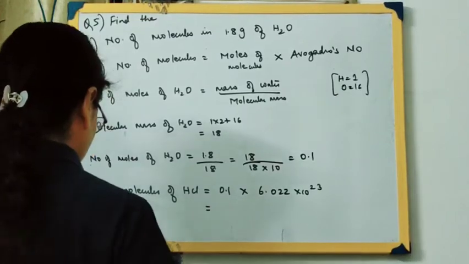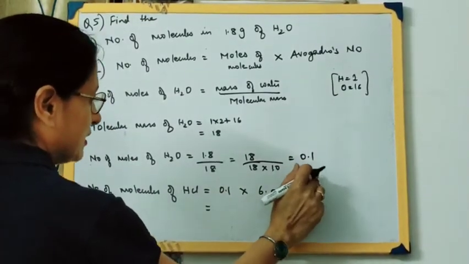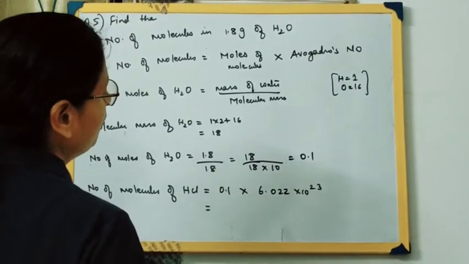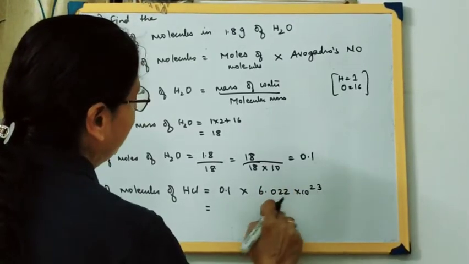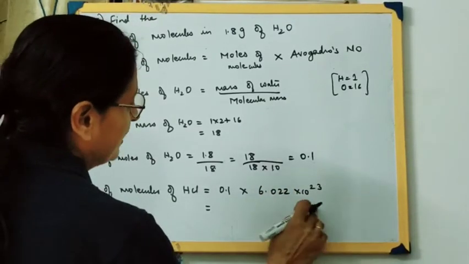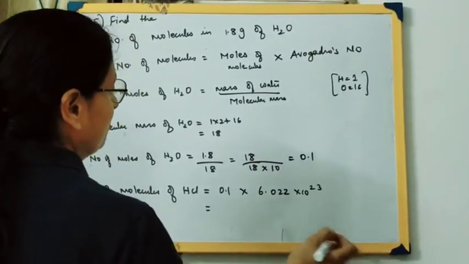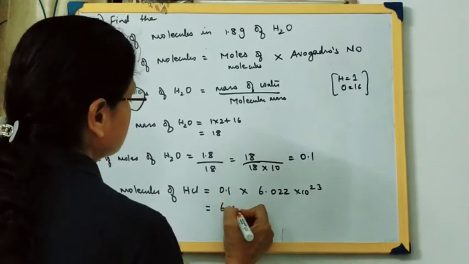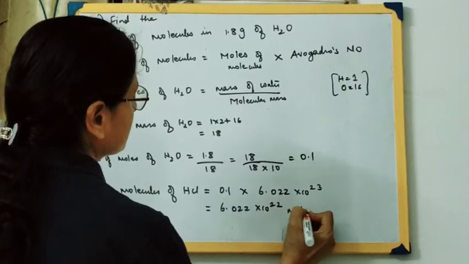So this will be equal to 0.1, that is 6.022 into 10 to the power 23 divided by 10. If it is divided by 10, we have to reduce 1 from the power. So this will be 6.022 into 10 to the power 22 molecules.